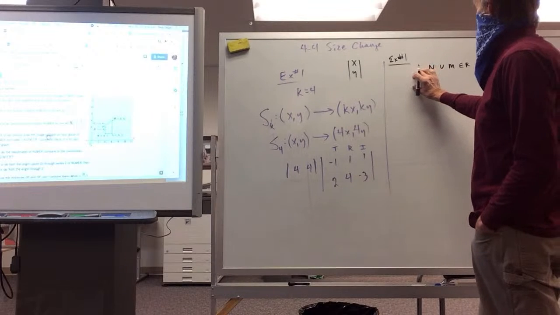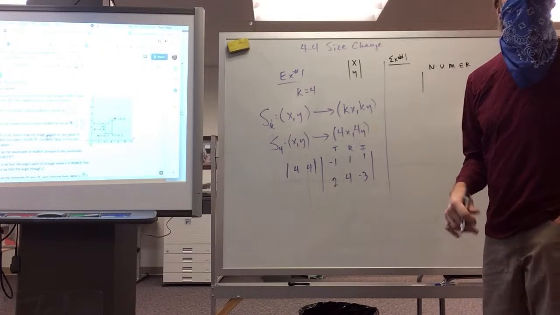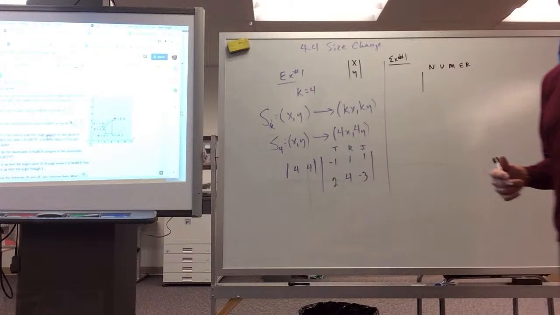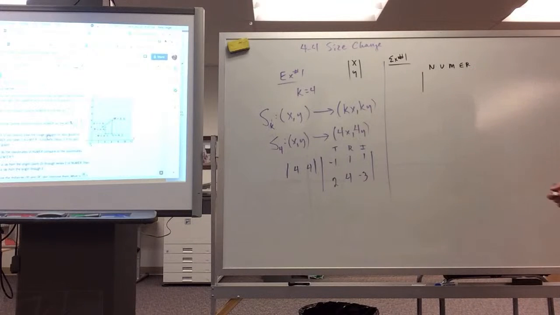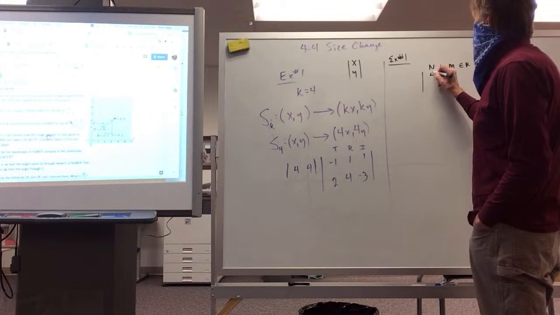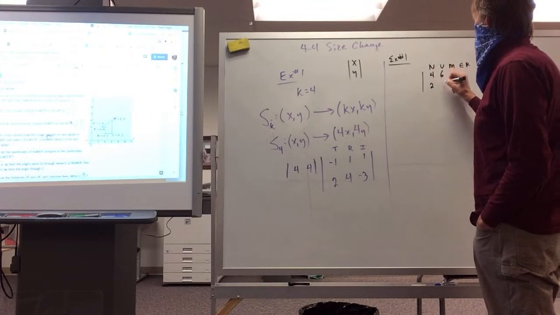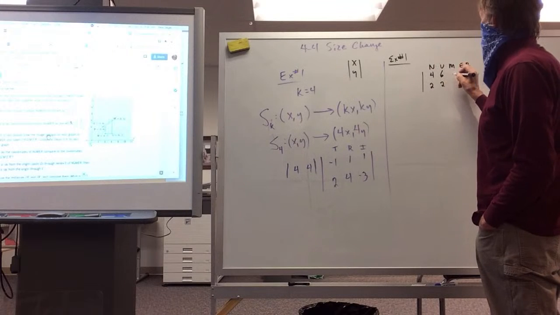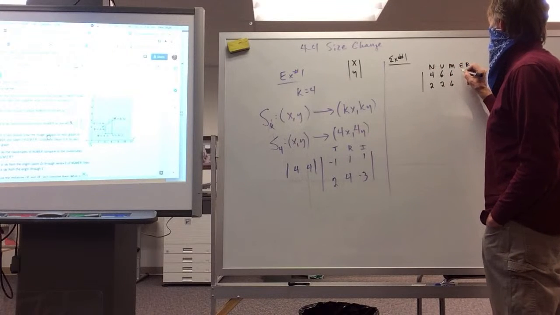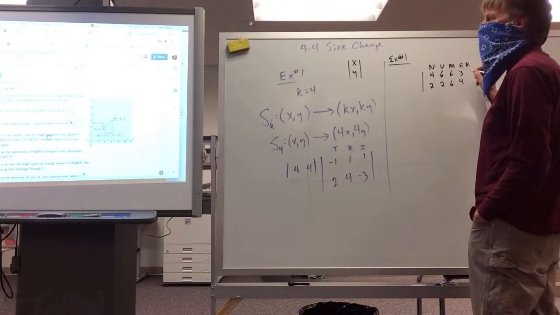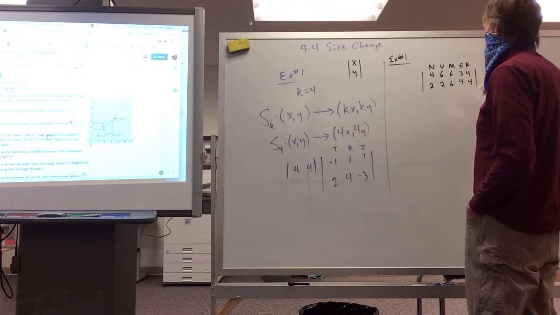So that's a 2x5, not a 5x2. Rows by columns. Rows times columns. So n is going to be 4, 2. What's u? 6, 2. And m? 6, 6. And e? 3, 4. And r? 4, 4. Okay.